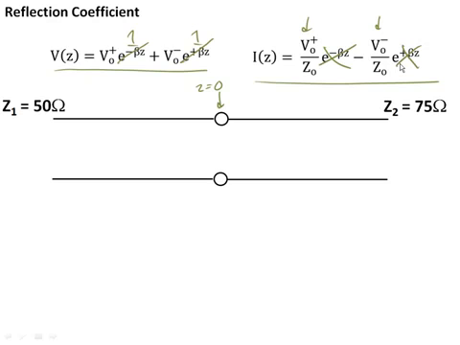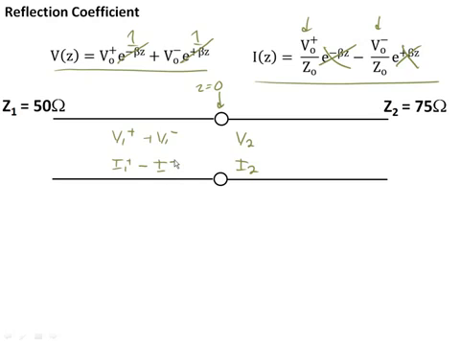And so now we can actually say if we've got basically on this side, right at the junction, V2 and I2, we know over on this side we have V1 in the positive direction plus V1 in the negative direction. The currents over here are going to be I1 in the positive going direction minus I1 in the negative going direction.